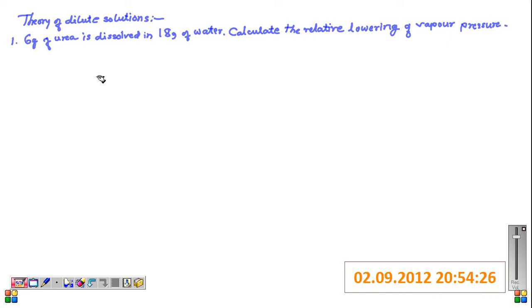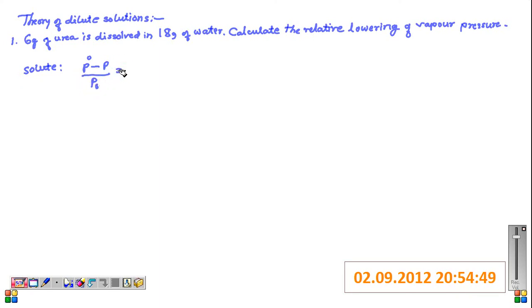Raoult's law states that the relative lowering of vapor pressure is equal to mole fraction of a solute. Relative lowering of vapor pressure is P naught minus P divided by P naught.